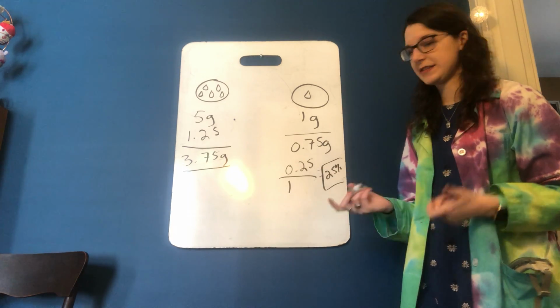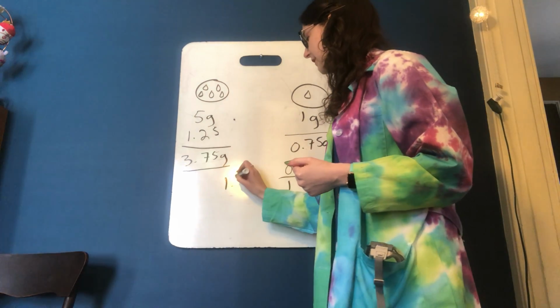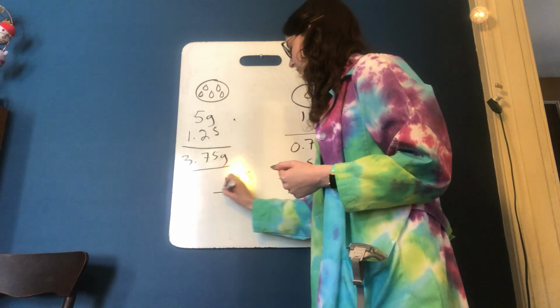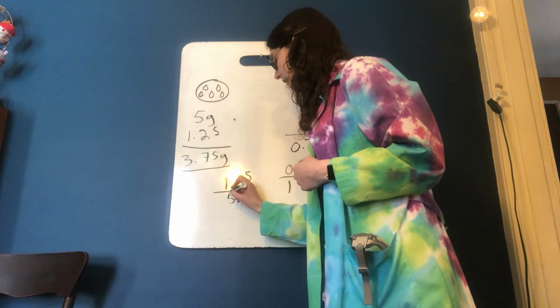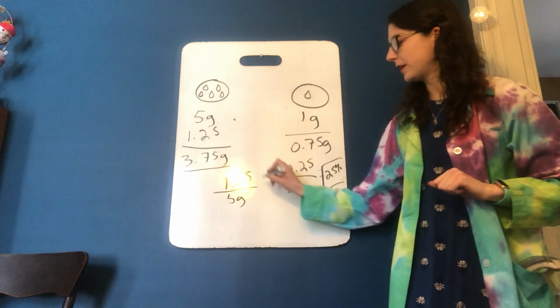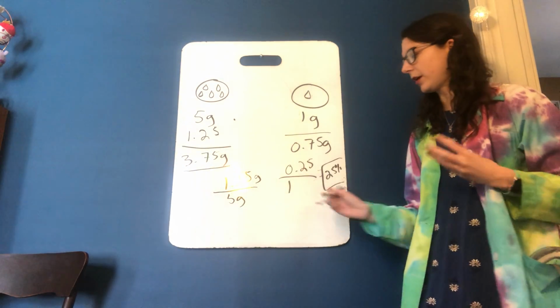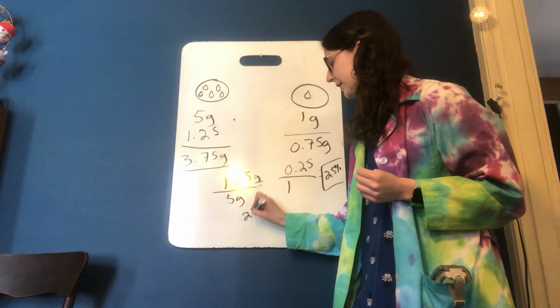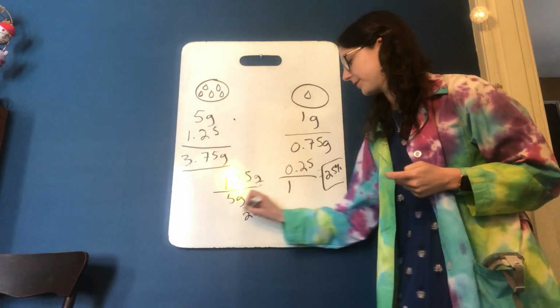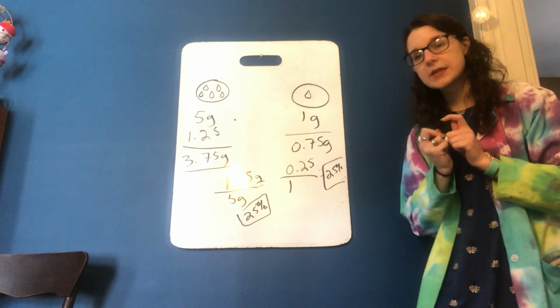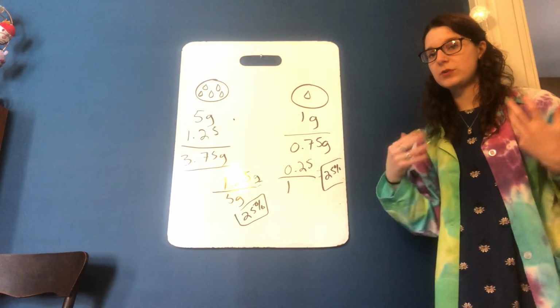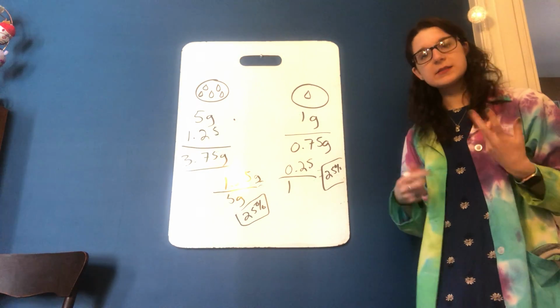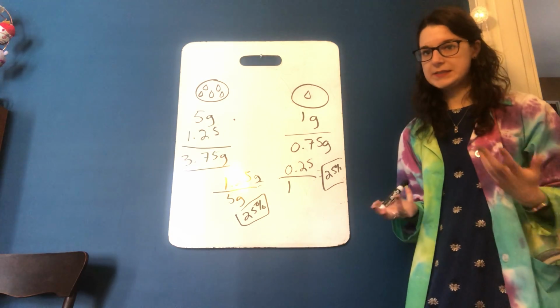For this one, the mass of my water was 1.25, and I'm dividing by the total 5 grams. If I plug that into a calculator and multiply by 100, you'll see that I also get 25%. Okay, so percents are really cool because no matter what your sample size is, it's always going to be consistent.